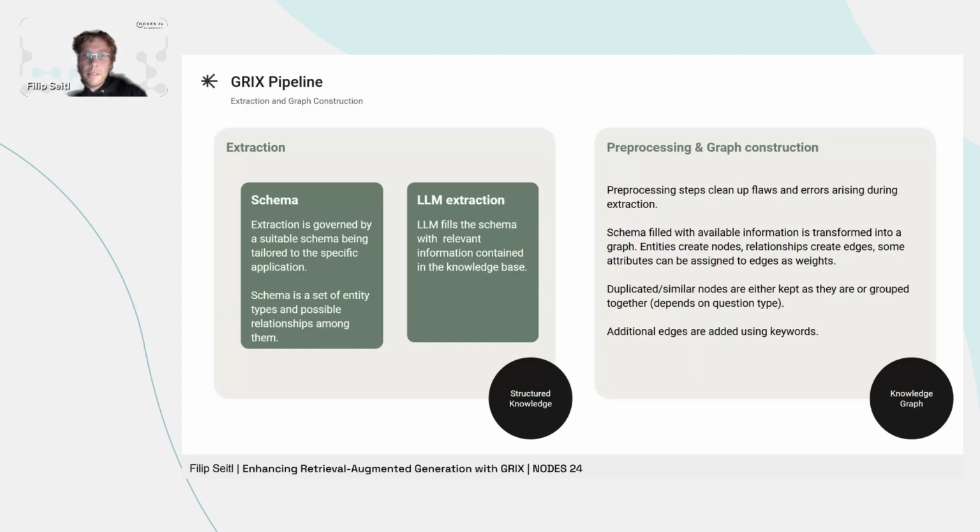It may happen that some nodes are representing the entities, and edges are just the relationships between them. So it may happen that nodes are duplicated because you are extracting file by file. So you can duplicate nodes.